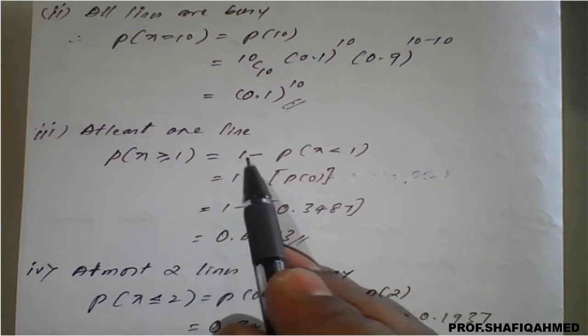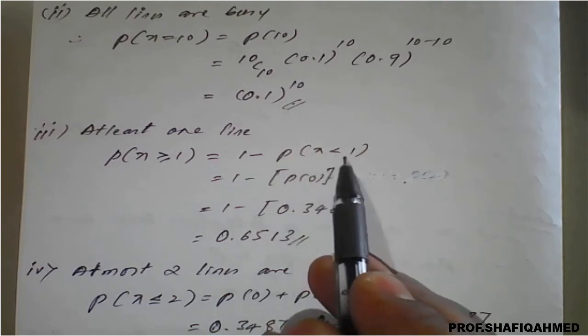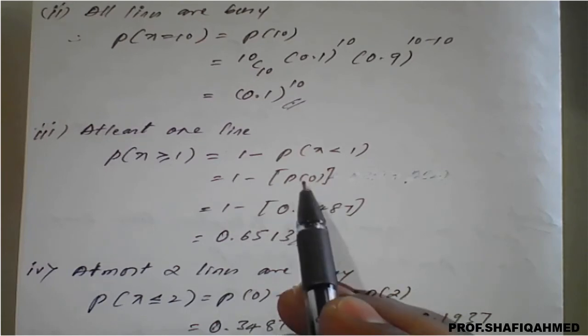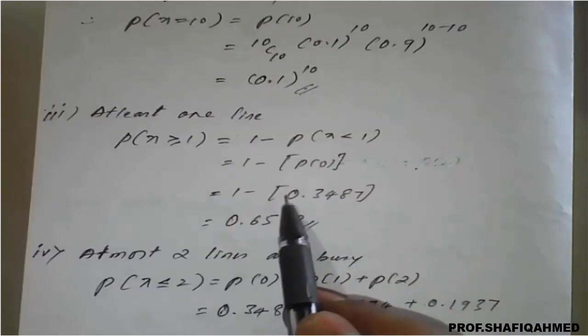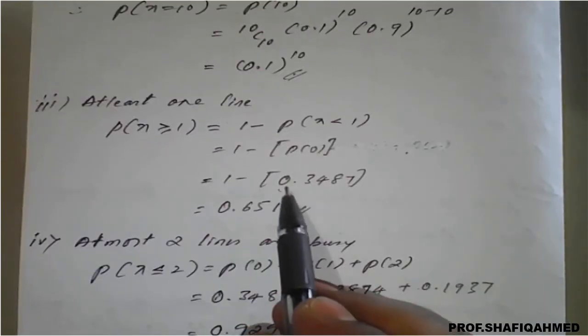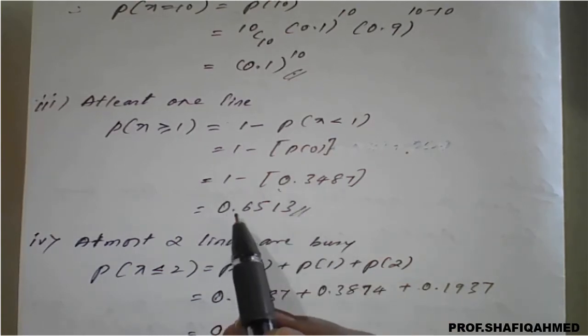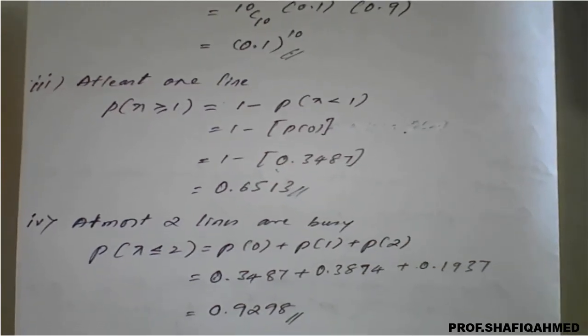So we will convert the formula as 1 minus P(x < 1), which means 1 minus P(0). P(0) we have already calculated in the first result, 0.3487. If you subtract, 1 minus the result, you will get 0.6513.